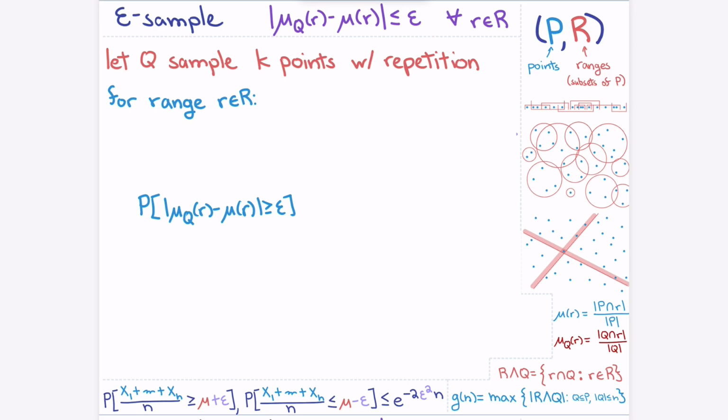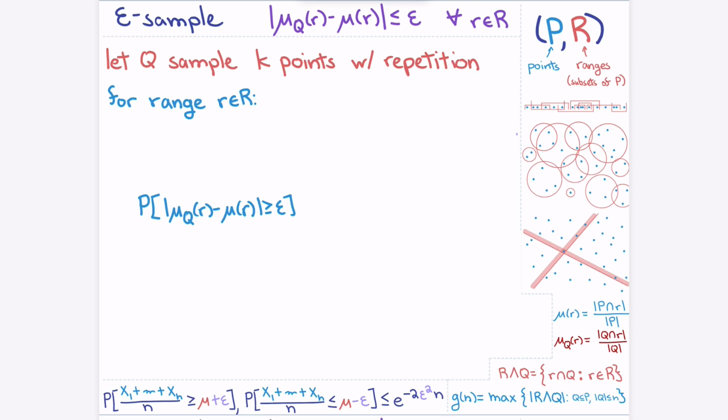For every single point, compute the probability that it's in Q. That is one approach. Yes. If P has n points, I'll make n indicator variables. But now each indicator variable is between 1 and k, because a point can get sampled k times.